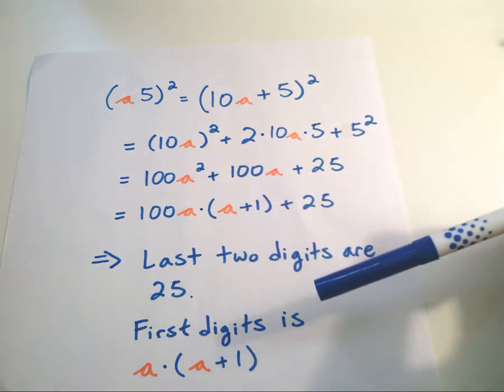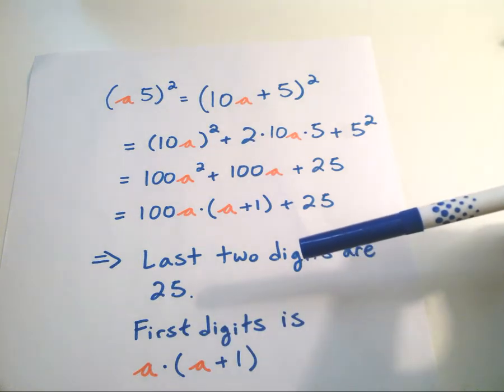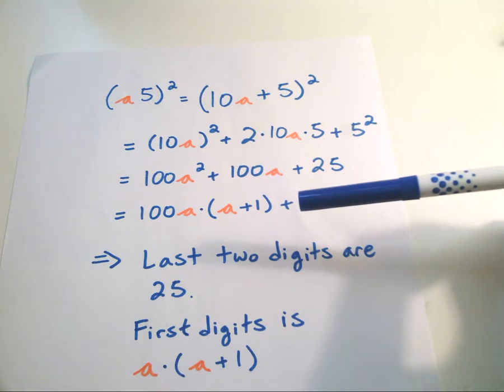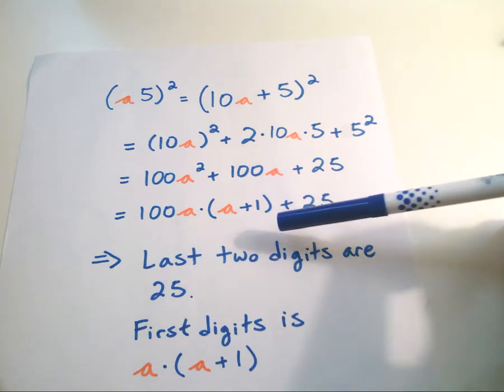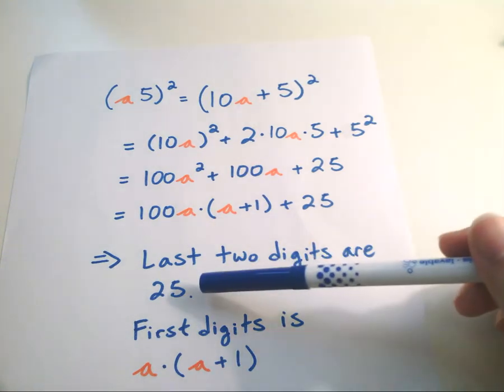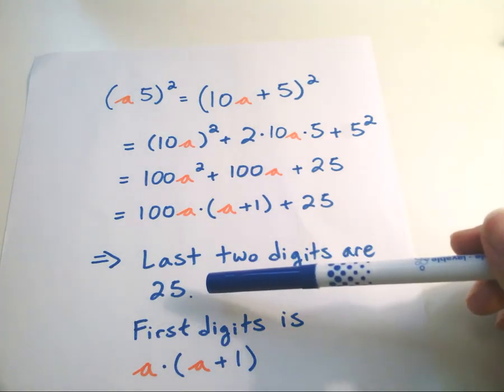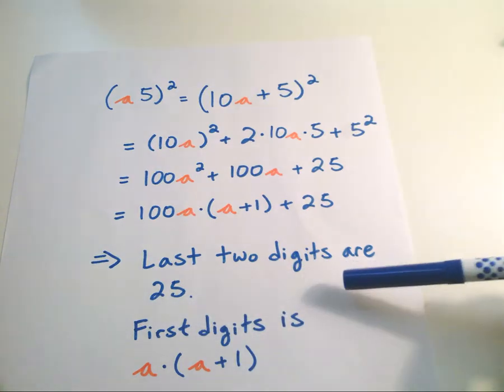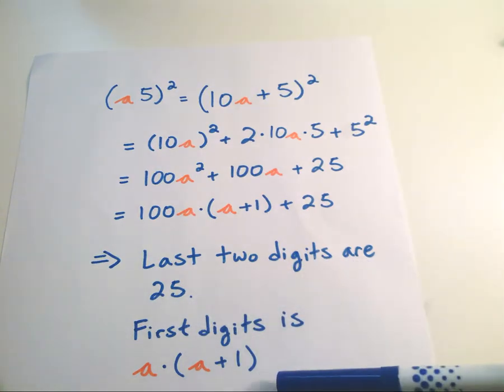It will only affect the 100th digit and perhaps the 1000th digit or 10,000th digit and so on. So this leads to the last two digits being 25, since 25 affects only the 10th digit and the 1st digit. So the last two digits are 25, and the first digits are going to be a times a plus 1.